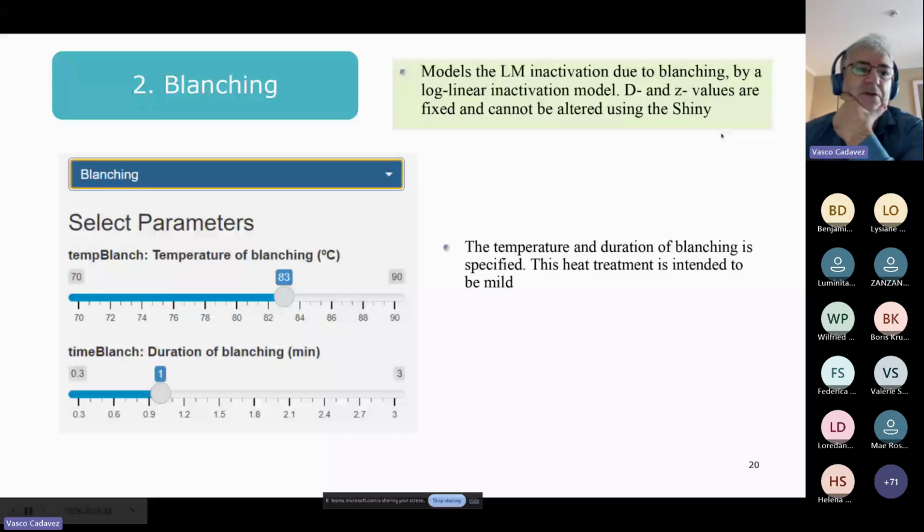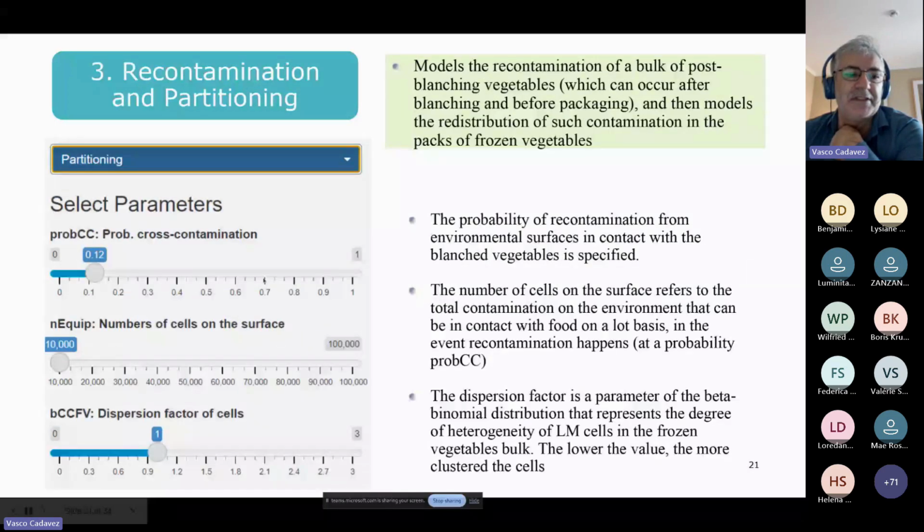Okay, the recontamination, what we call partitioning, you can define the probability of cross-contamination. We can define the number of cells on the surface at the start. So let's say you are filling your bags with 500 grams. We have the machine contaminated. You can define if the machine has low contamination or high contamination, and check what will happen in the results.